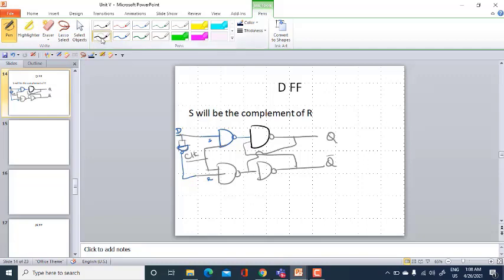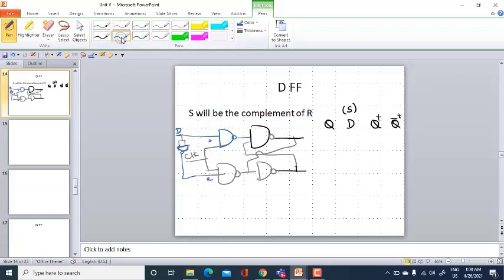So now how will you go ahead with your truth table? You have your present state, you have your D input. So keep in mind D input is nothing but your S. And you have your Q plus and Q bar plus.